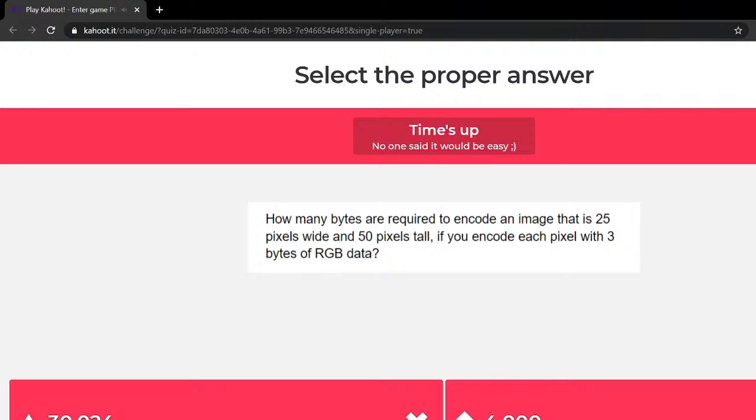The metadata itself is kind of like the address of an envelope. If you multiply 25 times 50 times 3, you would get 3,750, and basically you add 3 pixels due to that address, so the computer knows what it is.